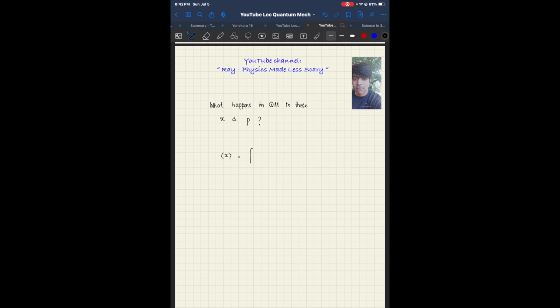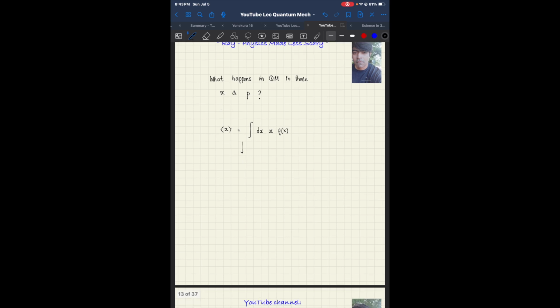The expectation value of x would be given by an integral over all x of x times rho of x, which in quantum mechanics we took to be x times mod psi of x and t squared.